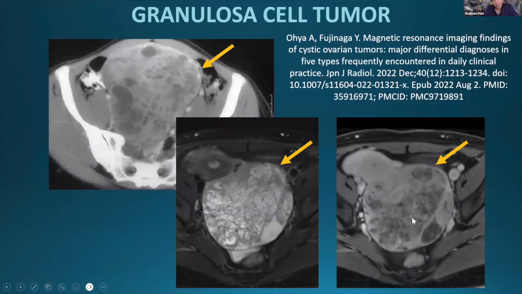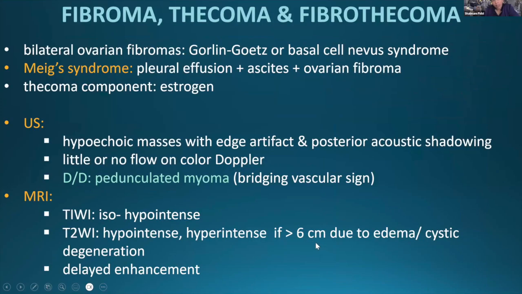This is an example from the literature that I alluded to before, showing the characteristic Swiss cheese pattern. This is the post-contrast fat-sat T1 weighted image. This is the T2 fat-sat image. Here's the uterus, and here you can see this characteristic Swiss cheese or sponge-like appearance of granulosa cell tumors.